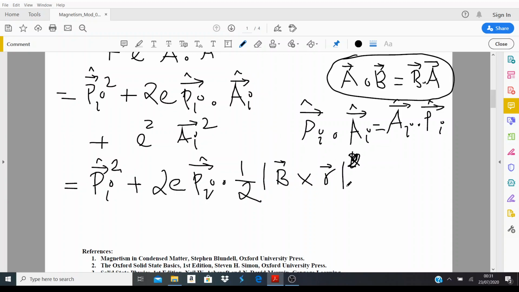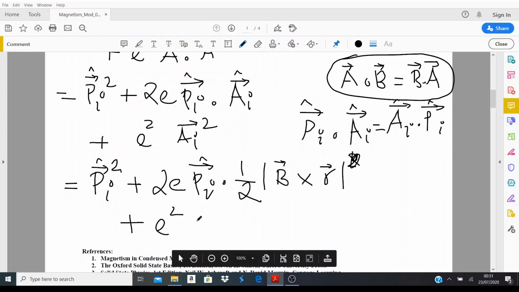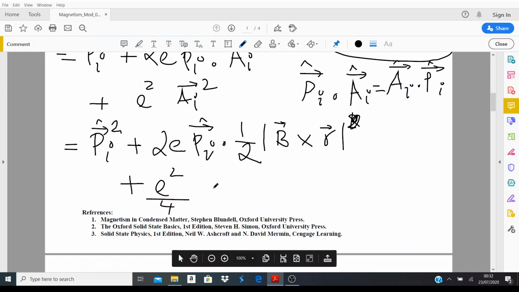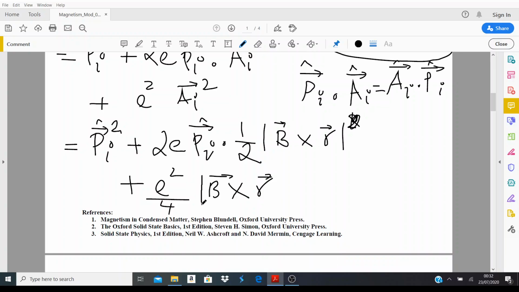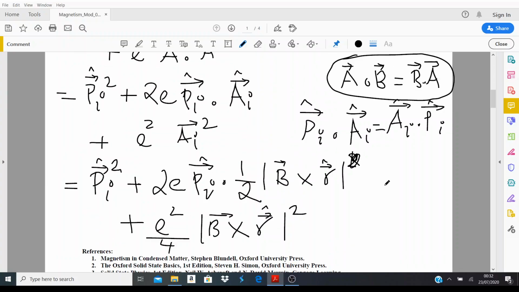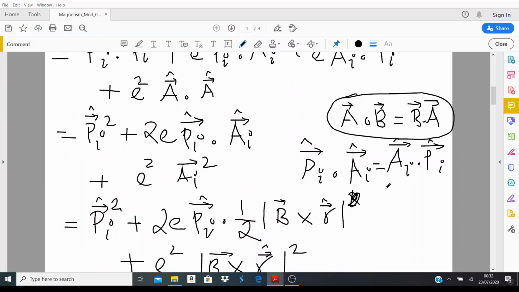That's the expression for A. And then the last term, this is A squared, so we need to square this up. That should be e squared by 4 times (B cross r) squared, with the hat just to be more accurate.